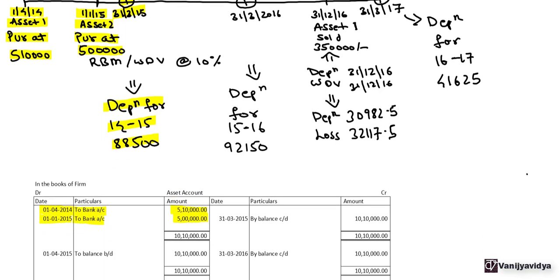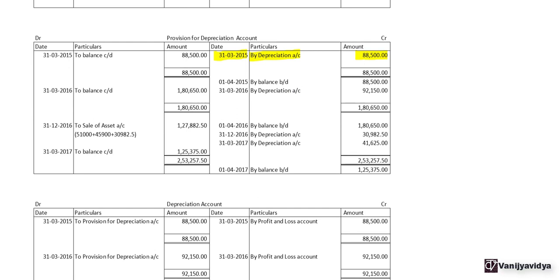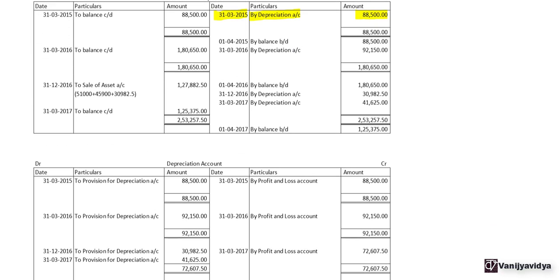So on the credit side of provision for depreciation on 31st March 2015, by depreciation account 88,500, and on the debit side of the depreciation account, 31st March 2015, to provision for depreciation account 88,500.